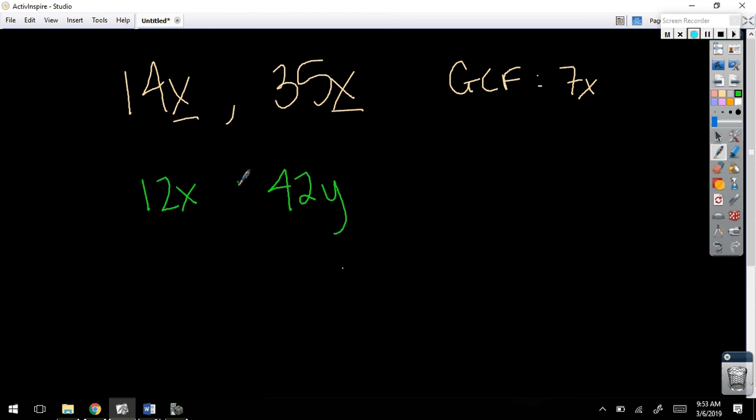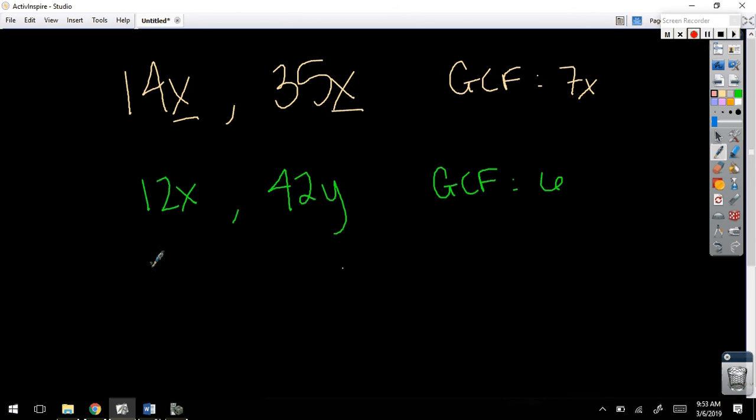What's the GCF? 6 is correct. But no, because it's common, greatest common factor. The first one has an X, but the second one doesn't. The second one has a Y, but the first one doesn't. You can't. They have to both have it in order for it to be a GCF.